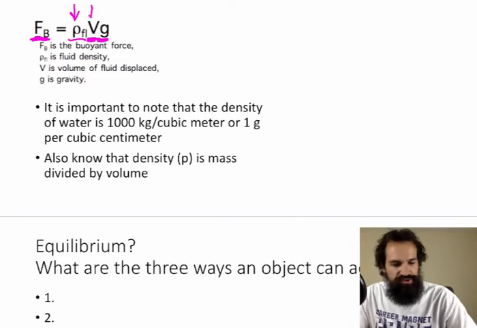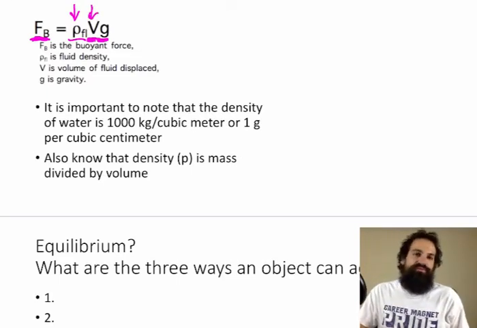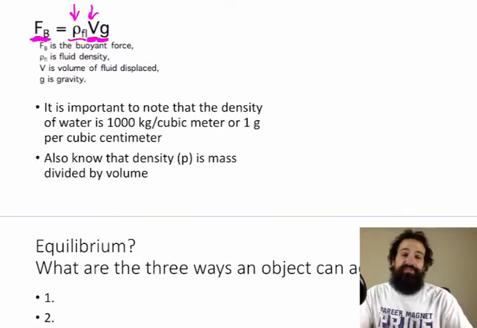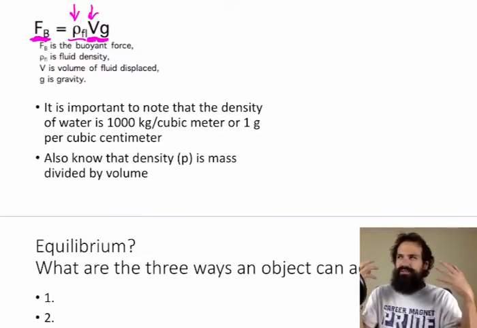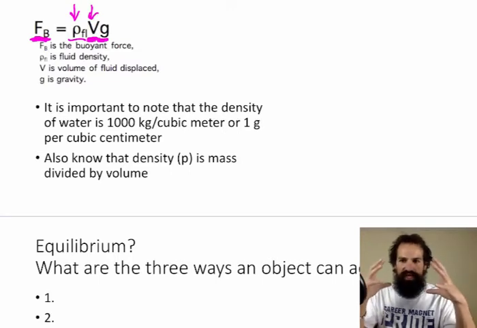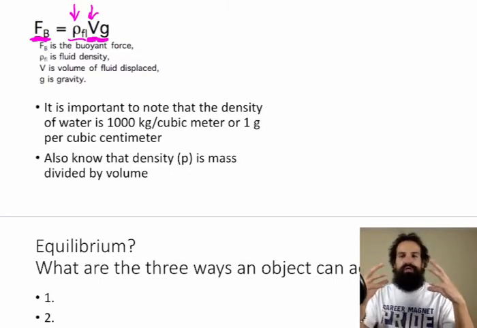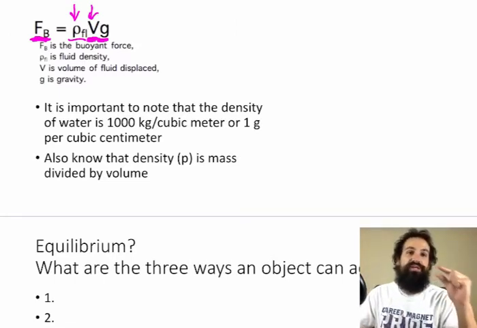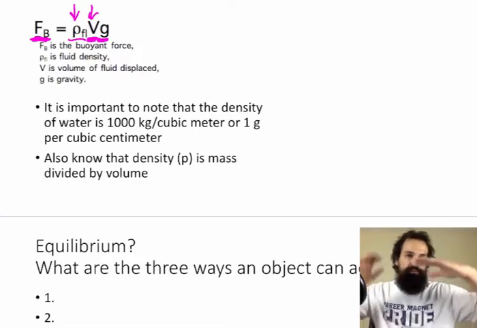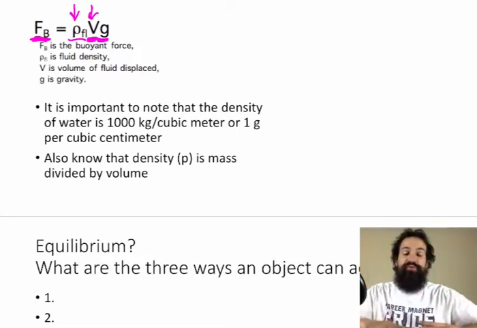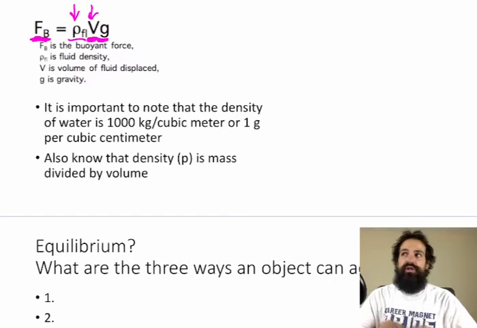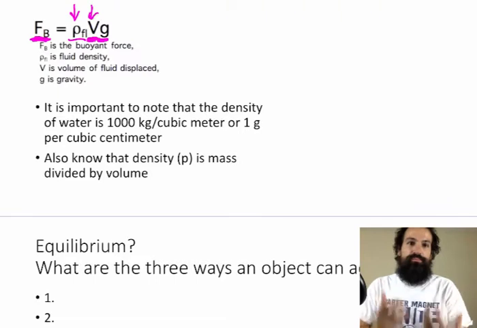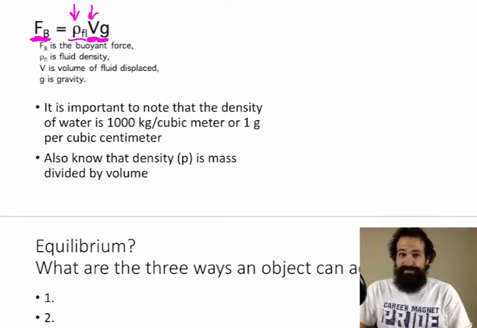Also, larger volume means a larger buoyant force. Mathematically, if you increase the right side of the equation, you're going to increase the left side of the equation as well. But logically, if you take an empty bottle and you push it under the water, it's easy at first, right? Because not a whole lot of volume is submerged. But the more you push it under, the more volume submerged you have, the more that water is trying to push it back out, the more buoyant force you will have.